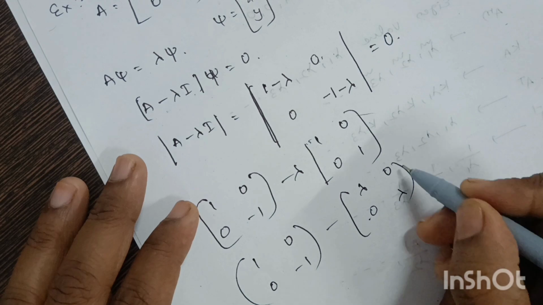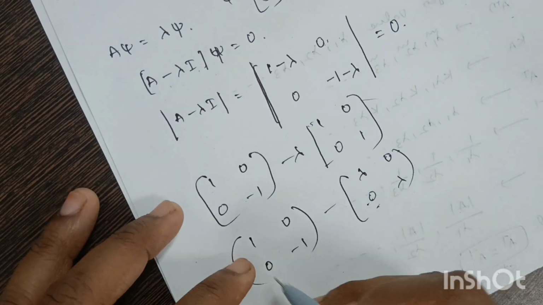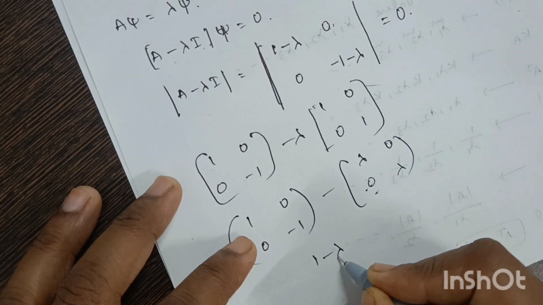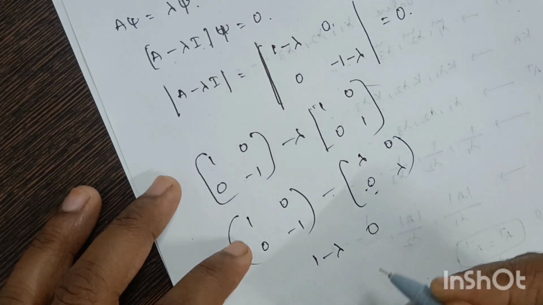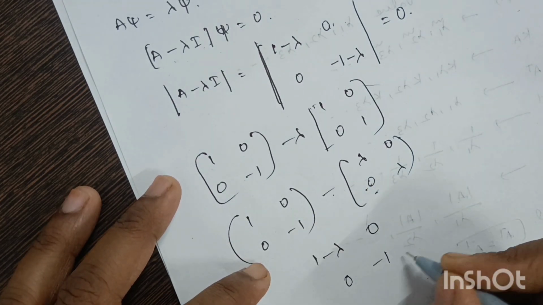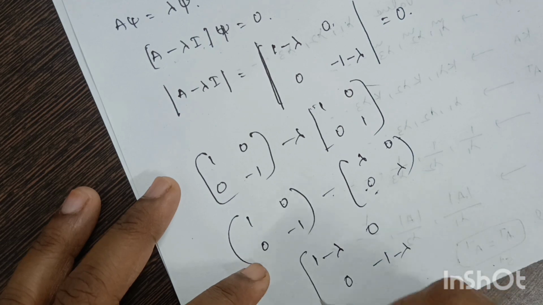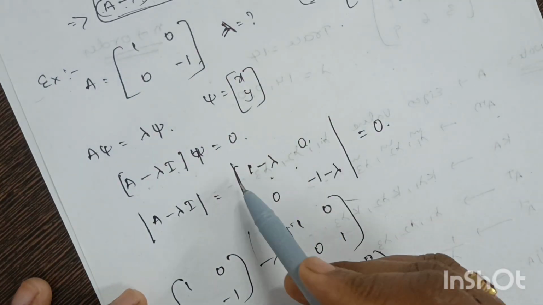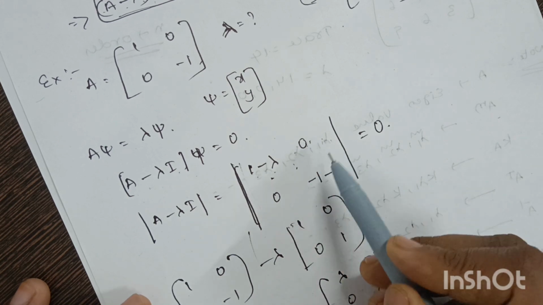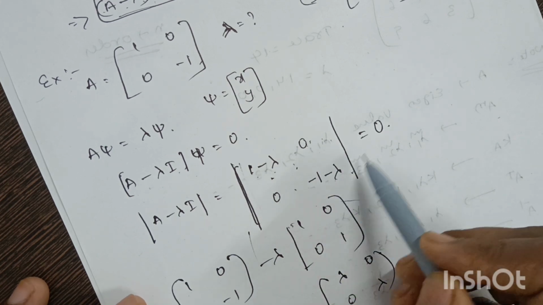Here only zeros are in the off-diagonal, so we only need to work with the diagonal elements. So det of [1 minus lambda, 0; 0, minus 1 minus lambda] equals 0.